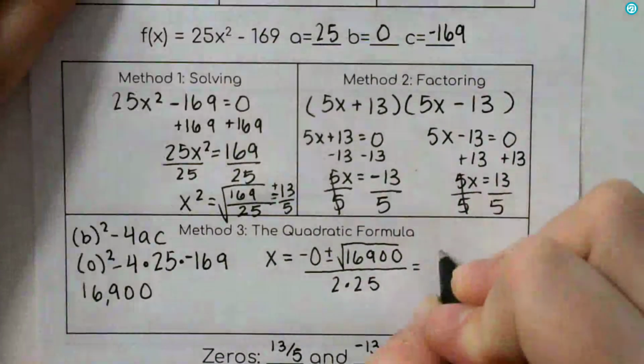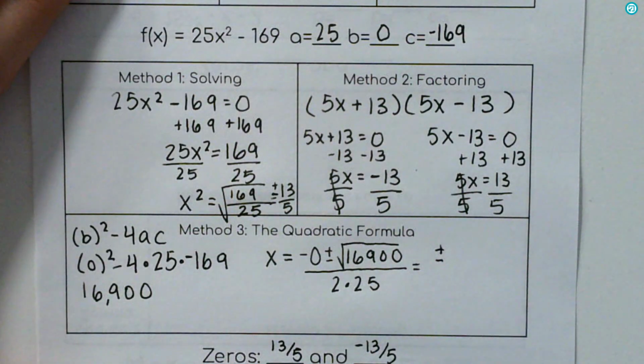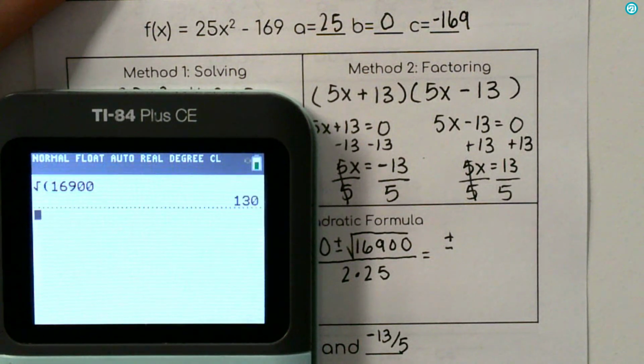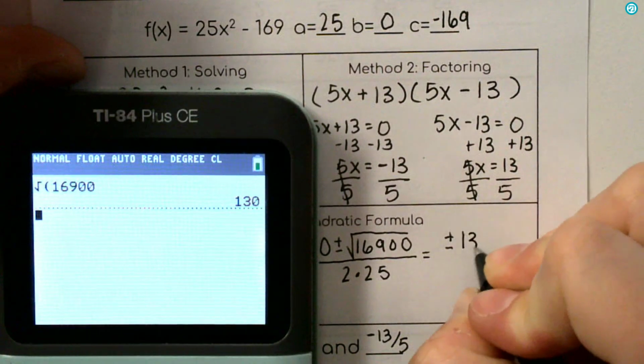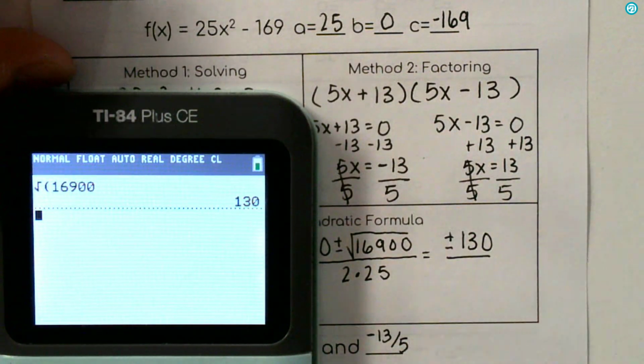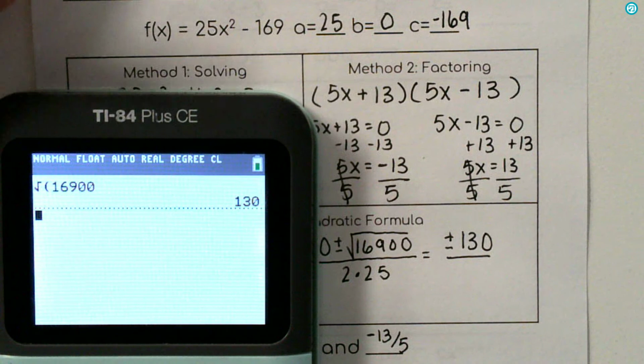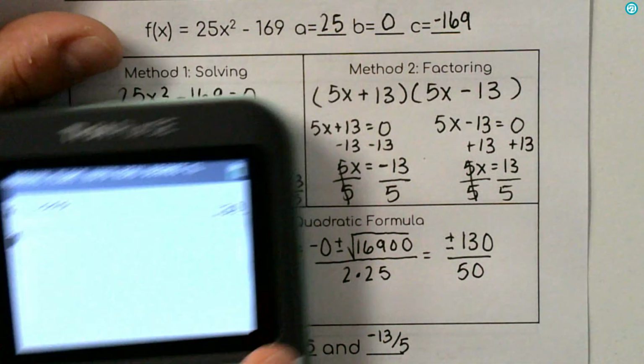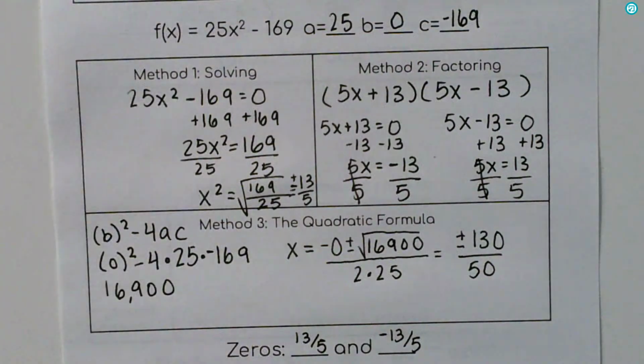So I'm just going to do plus or minus whatever the square root of 16,900 is, which is 130. So I've got plus or minus 130 over 2 times 25, which is 50. So I just got rid of the 0 because I know 0 plus 130 is just going to be 130, and I know 0 minus 130 is just going to be negative 130.